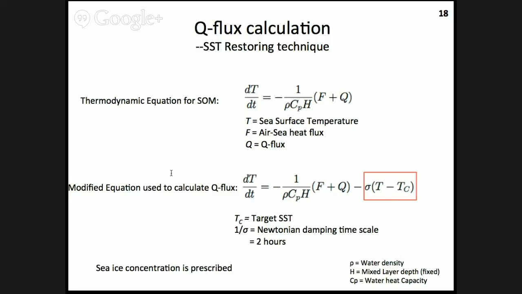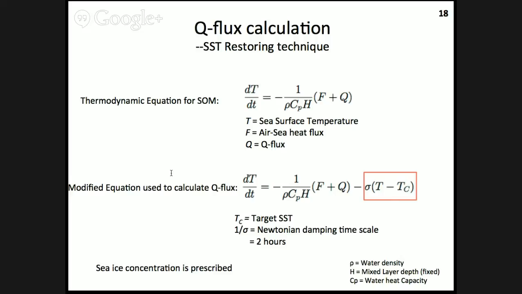And because the ocean only affects the atmosphere through SST, the surface heat flux can be the same as in the fully coupled model if the surface temperature is the same. Then we can conclude that Q, or Q plus this term, can be the same.